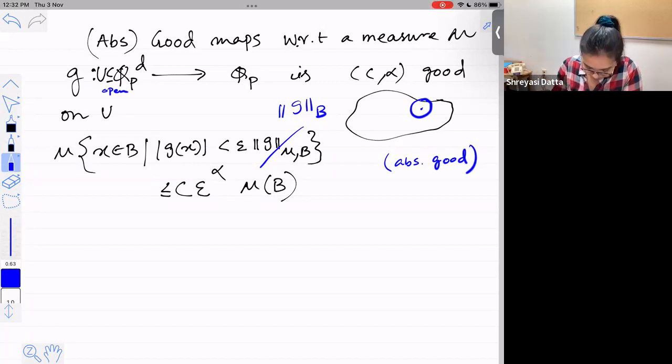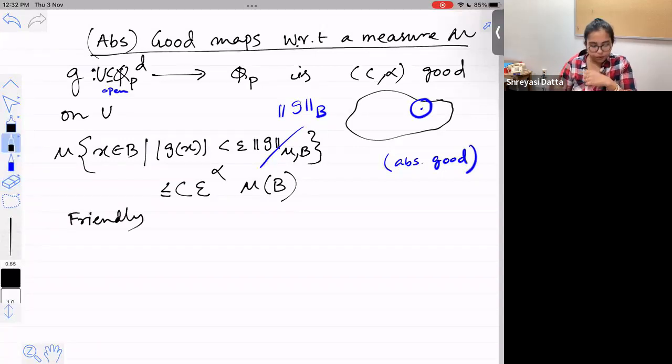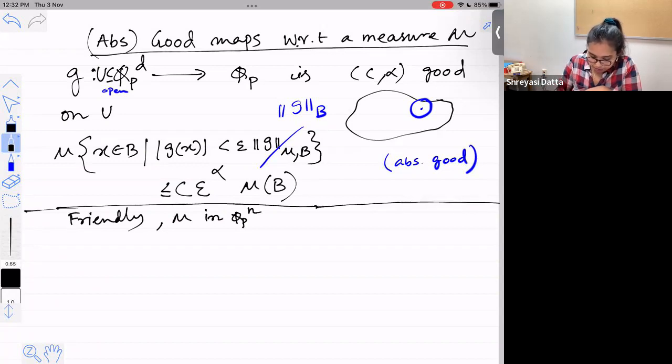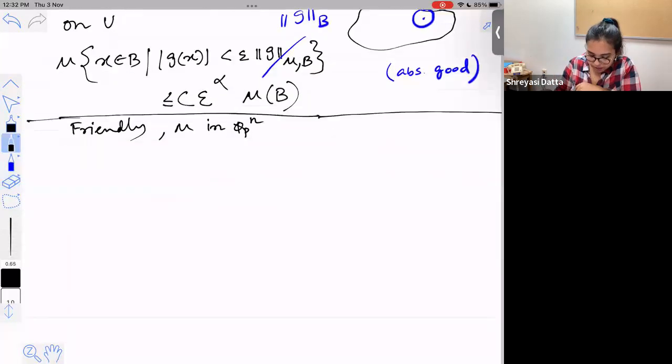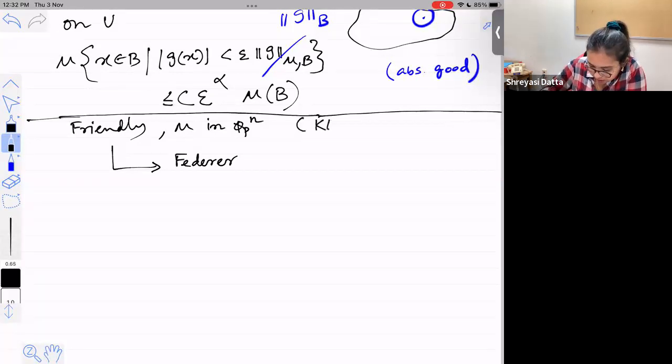Okay, so now it's a good time, so I talked about good maps. Now it's a good time to talk about friendly measures. Okay. So there are three properties that mu, a measure in, let's say, Q_p^n, must satisfy. First, it must be doubling. So I'm going to write the term that they are using, Federer. This was defined in the Kleinbock, Lindenstrauss, Weiss work, KLW.